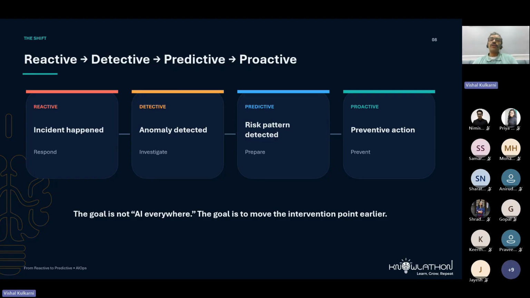The third maturity stage, as part of this particular shift, is predictive, wherein risk patterns are detected. The system identifies a pattern that historically precedes an incident, or probably forecasts future threshold capacity problems.